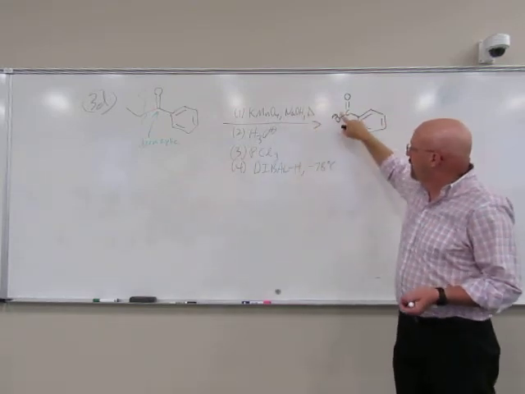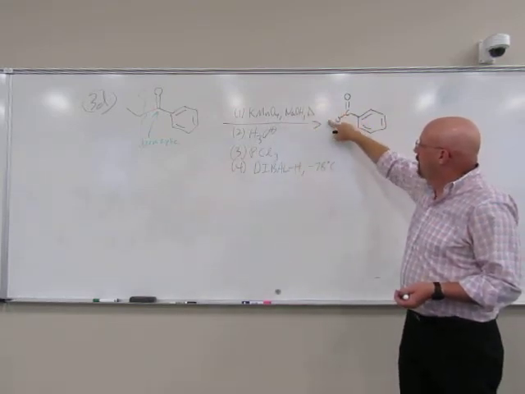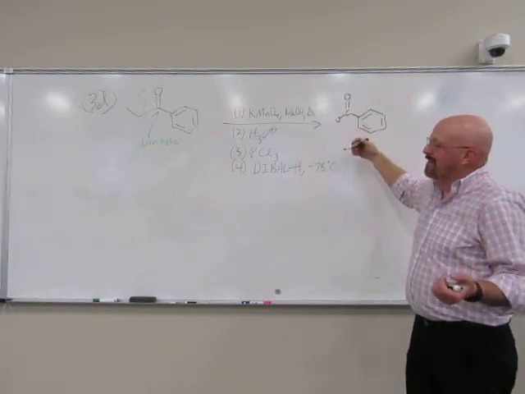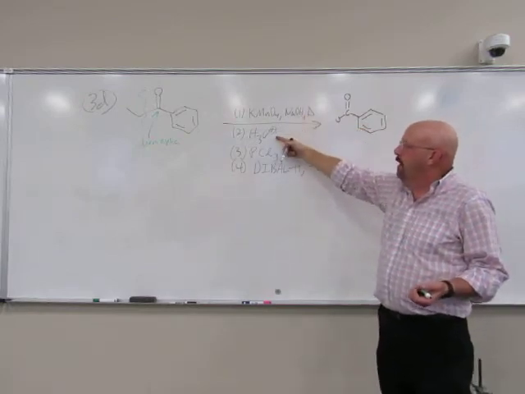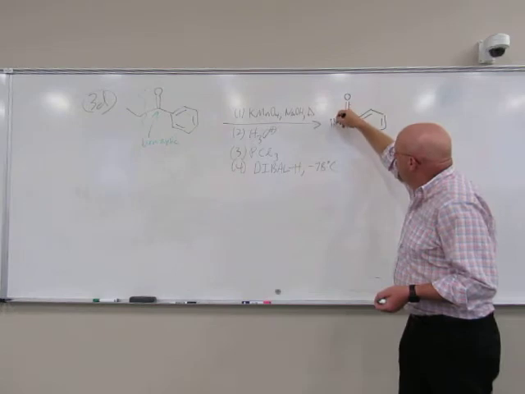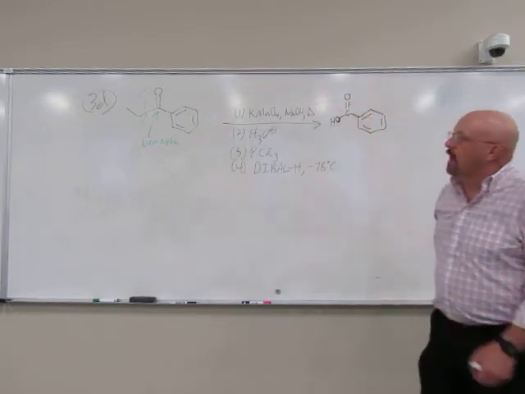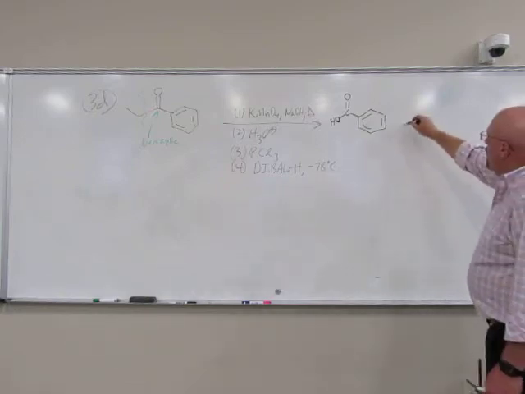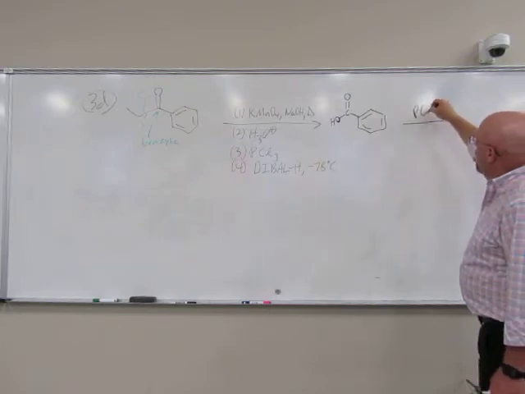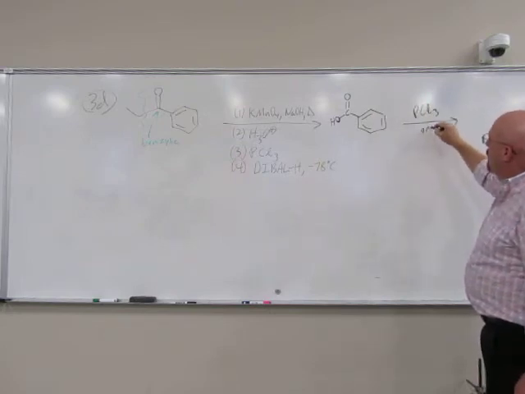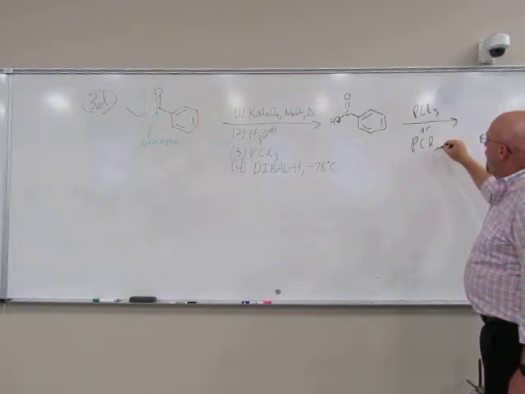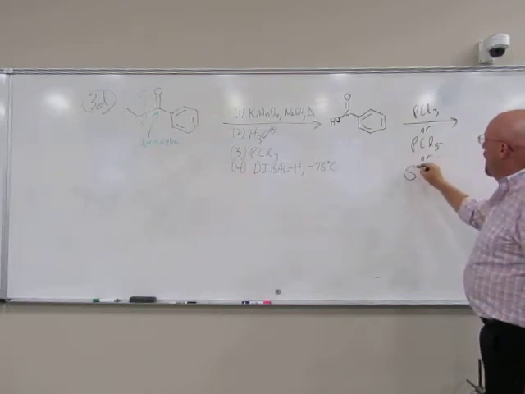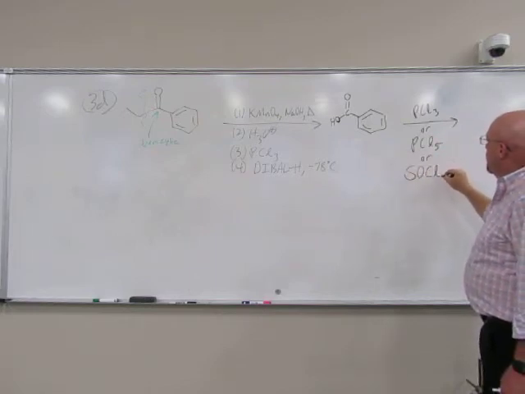Second step, we're acidifying, so that's where we pick up the proton. You can't make a carboxylic acid in a basic solution, so you have to acidify in a separate step. So this gives us the carboxylic acid. We have oxidized that benzylic carbon to a carboxylic acid. Step 3, we are reacting with PCl3. We also talked about how we can use PCl5 or thionyl chloride, SOCl2.